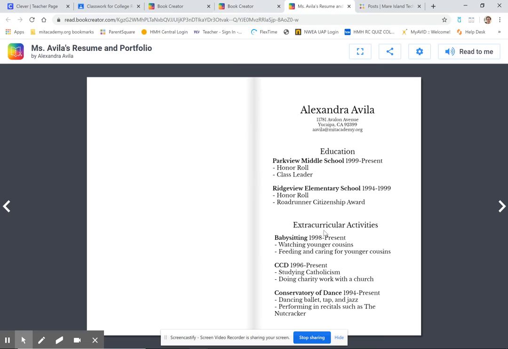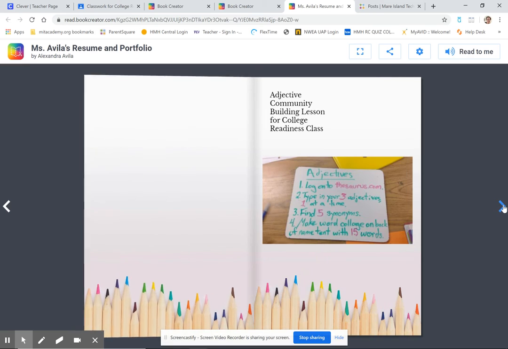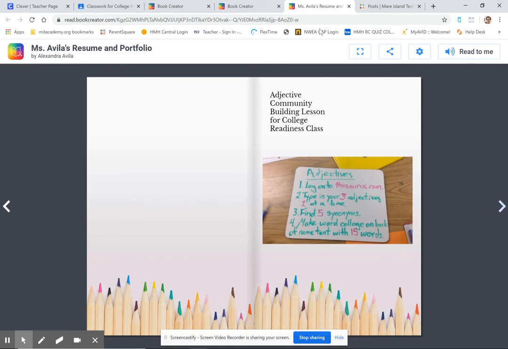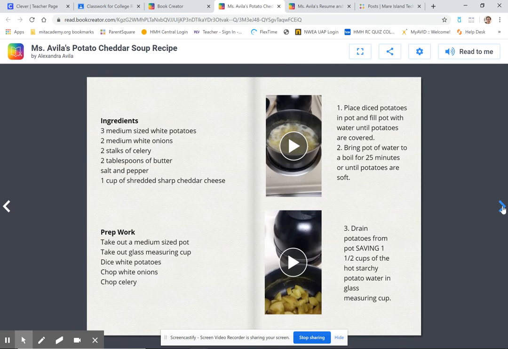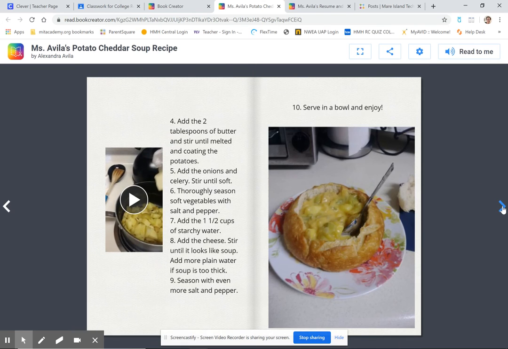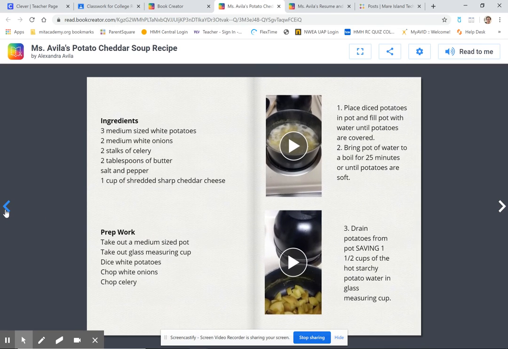So this would sample my education in sixth grade, my extracurricular activities, as well as a small lesson that I would have designed probably for my younger brother's class. I also have a recipe book for my potato and cheddar soup recipe, where I included videos, an image, and directions.